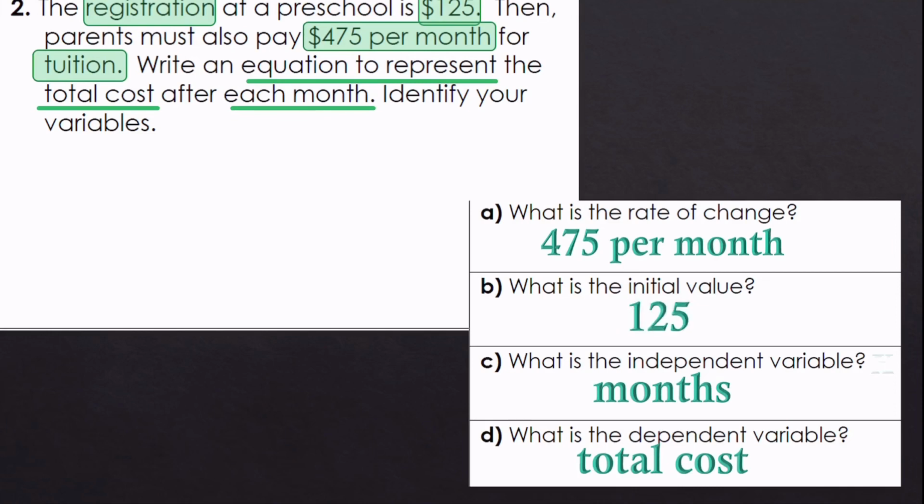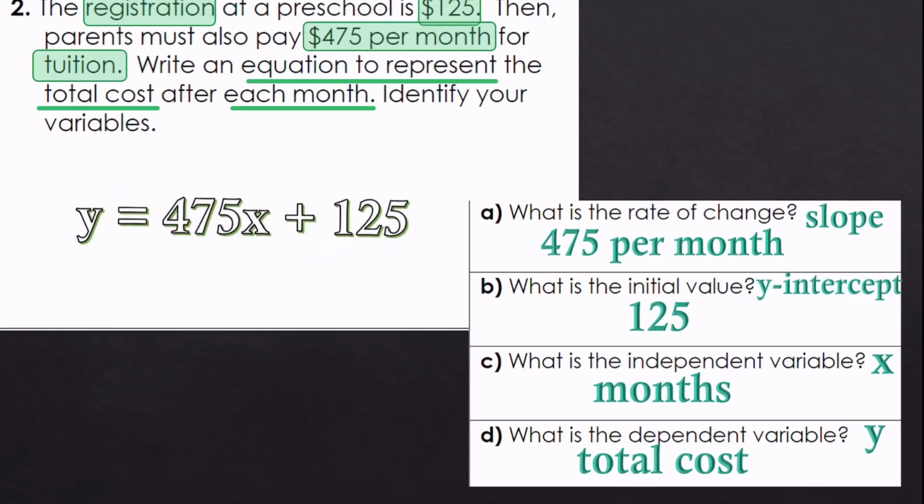So remember, the months was my X, the total cost is my Y, my rate of change is the slope in my equation, and my initial value is my y-intercept. Again, we're looking that you have these labeled, that it says slope, y-intercept, X, and Y. This is telling you what each thing is in your equation. So then you can go write it. Y equals 475x plus 125. You should be seeing a pattern here at this point.